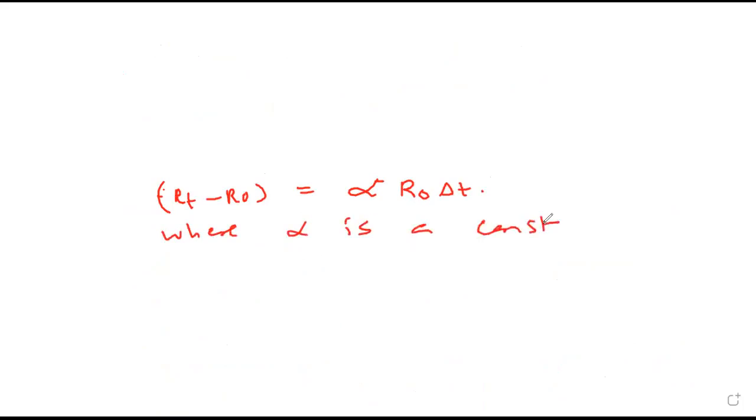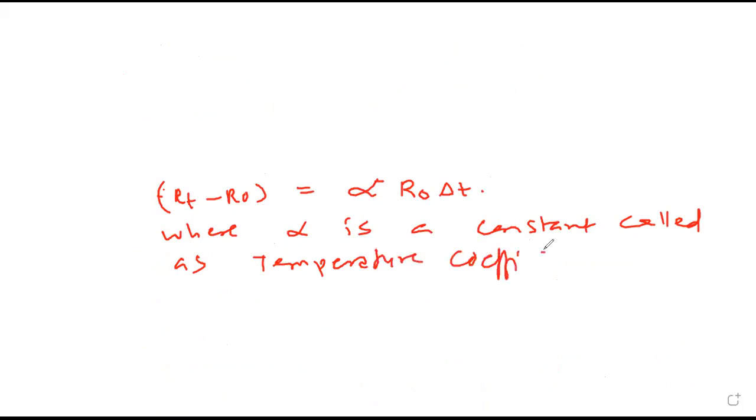That means RT minus R0 is some constant, denoted by alpha R0 delta T, where alpha is a constant called the temperature coefficient of resistance.